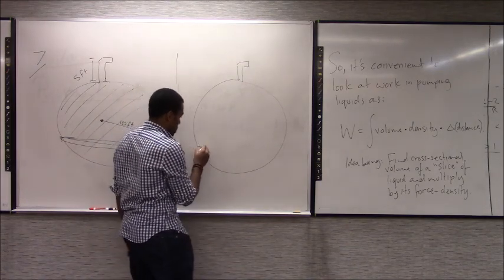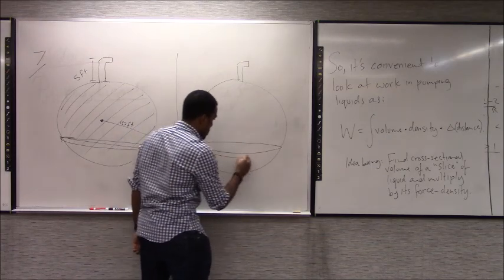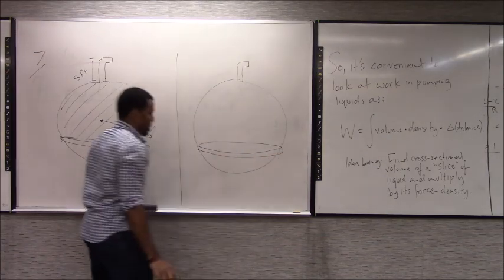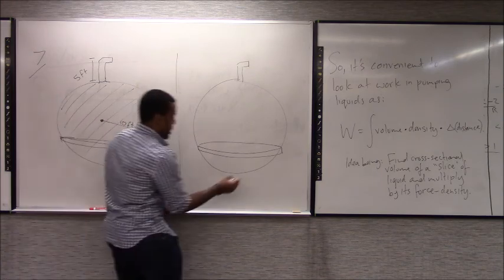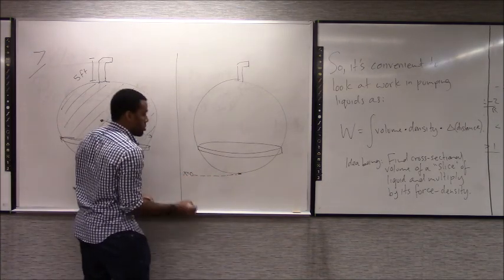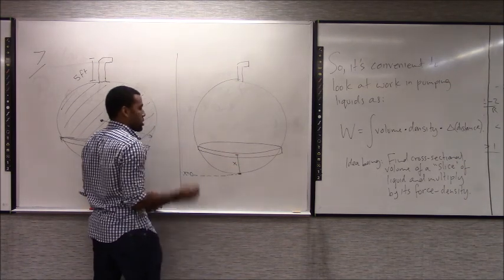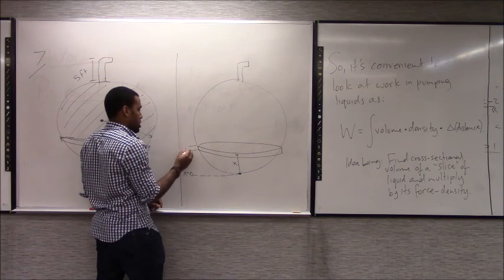So here's how we're going to do it. One small little slice here is actually going to be a cylinder. Let's say, again, I base my origin at the bottom, so this is x equals 0. Let's say the slice I'm talking about is at height x. The thickness of the slice is delta x.